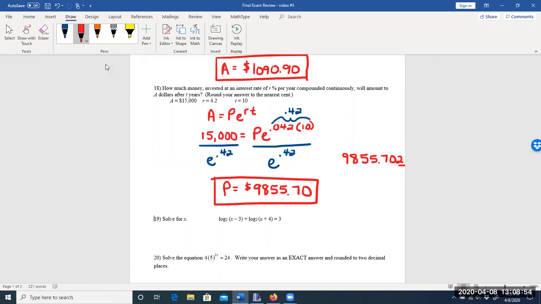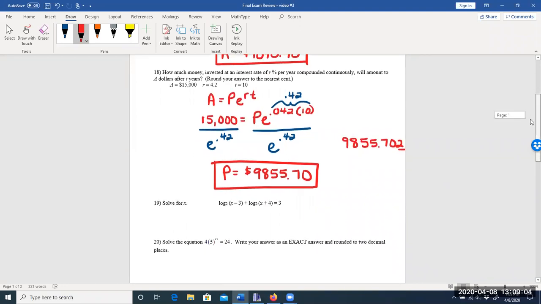You would actually want to round that up no matter what. That's only when you're trying to solve for the principal P. But again, this is what WebAssign would want, so don't worry about what I just said.